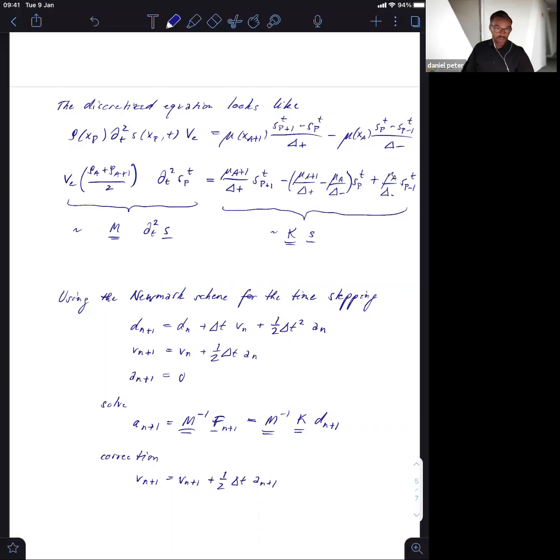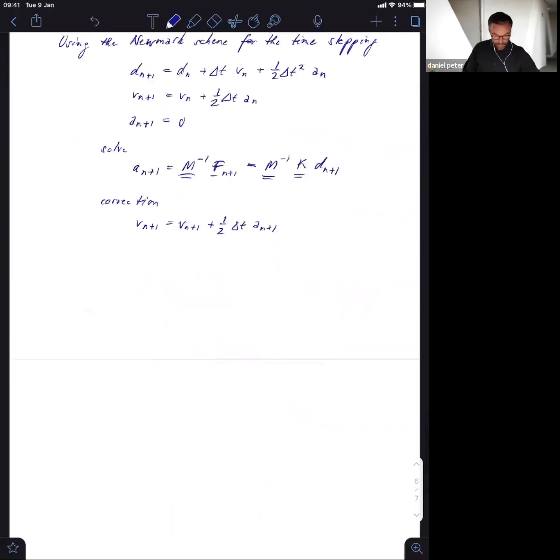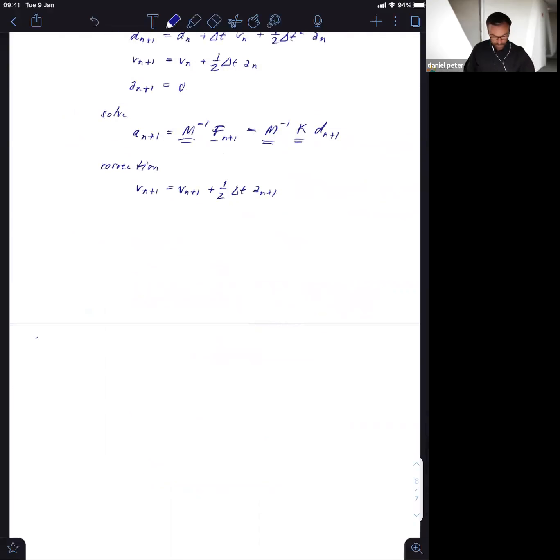So the last ingredient we still need is the boundary conditions. Let's quickly put those together as well. And then we are all set to solve the wave equation with this finite volume approach.